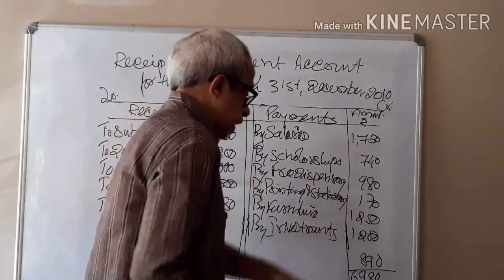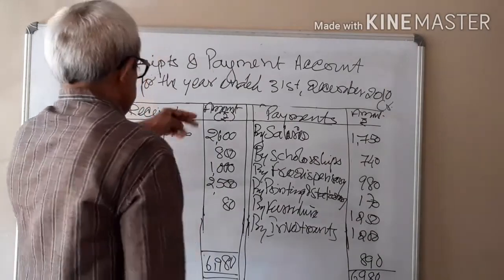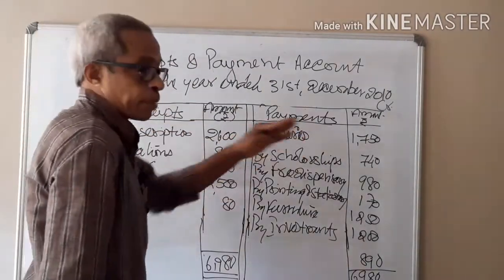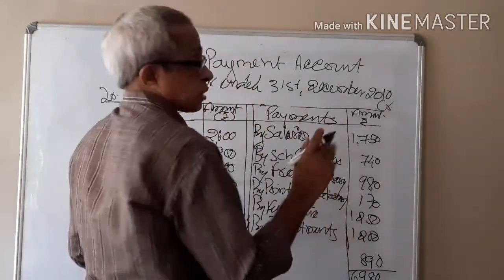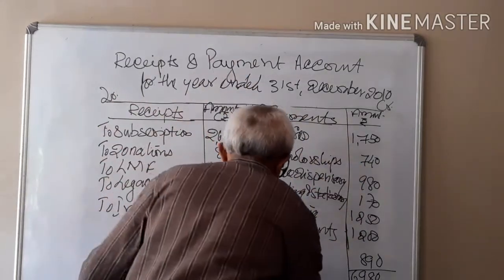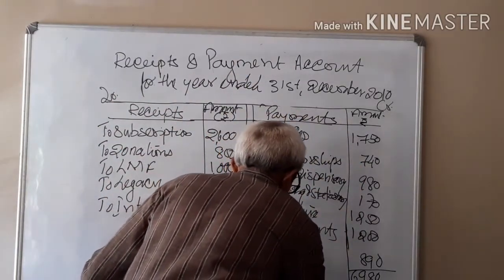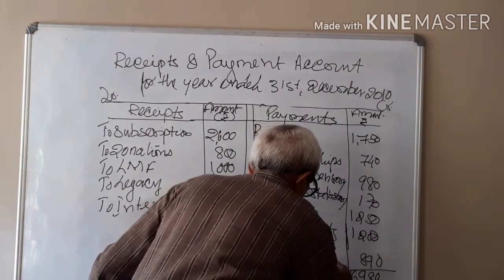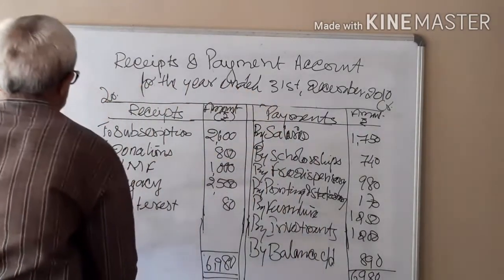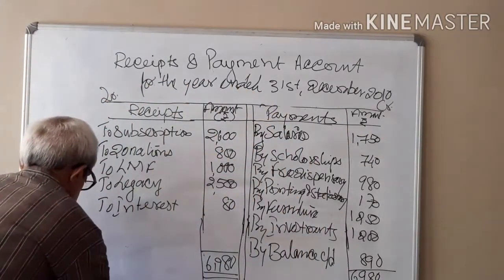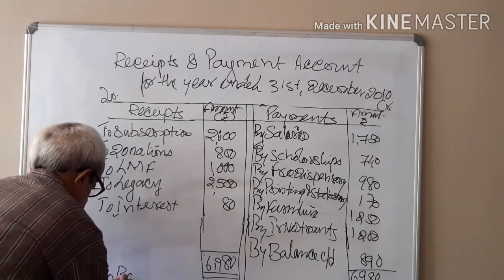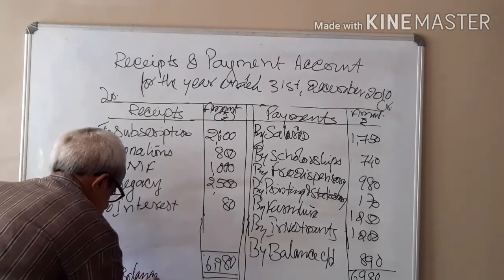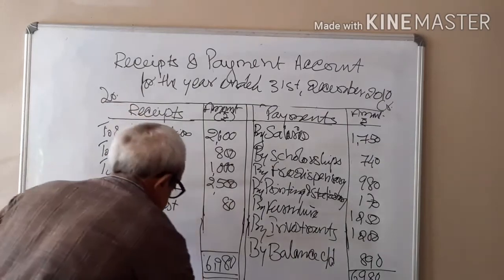So this 890 is the balancing figure. That is, the receipt side is higher than the payment side. Balancing figure is treated as cash in hand. By balance carry down, and to balance brought down, that is 890.